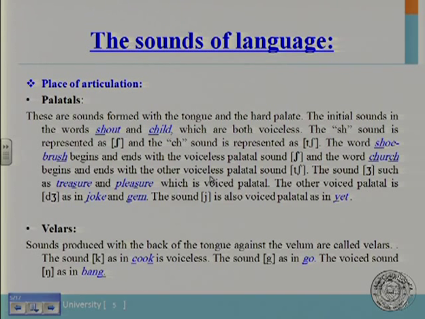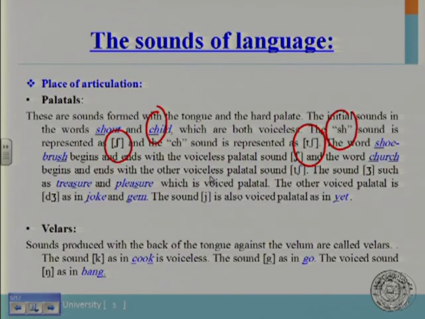This sound, as in shot, can be represented by this simple symbol. Sh, as in shot. Now, the second one, as in child, is represented by this symbol, ch.